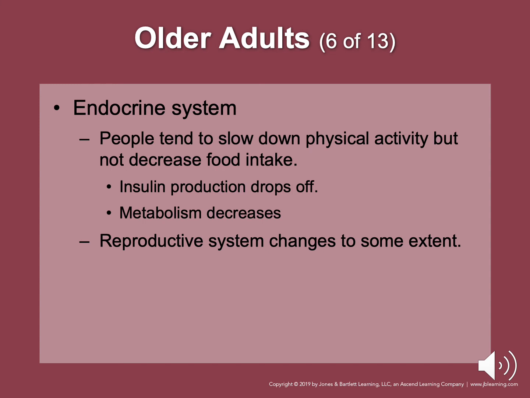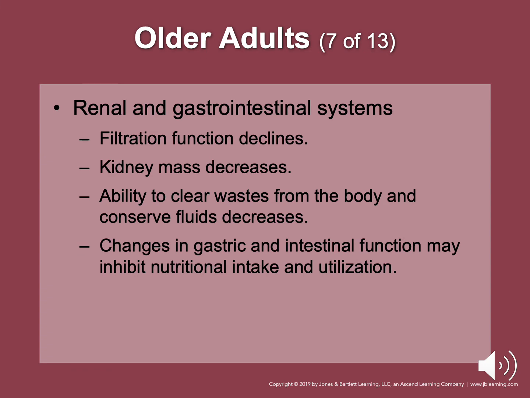Renal and gastric systems: filtration function declines by 50% from age 20 to 90. Kidney mass decreases 20% over the same span, with a decreased ability to clear waste. Changes in gastric and intestinal function may inhibit nutritional intake and utilization, resulting in vitamin and mineral deficiencies.